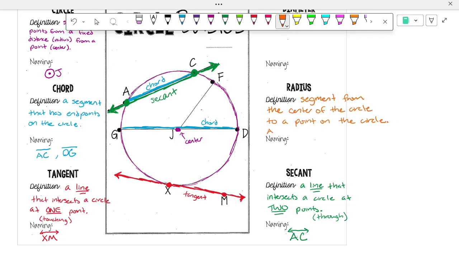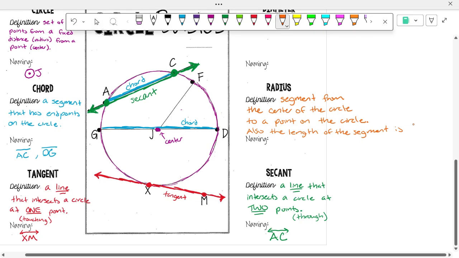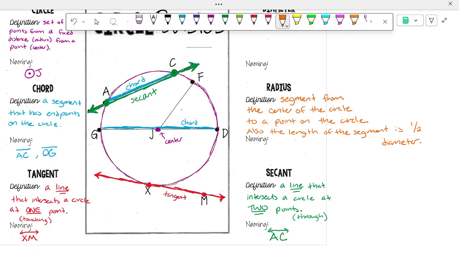And also, just to note, the length of the segment is half the diameter. So remember, a radius is half the diameter, which you guys should already have been familiar with.